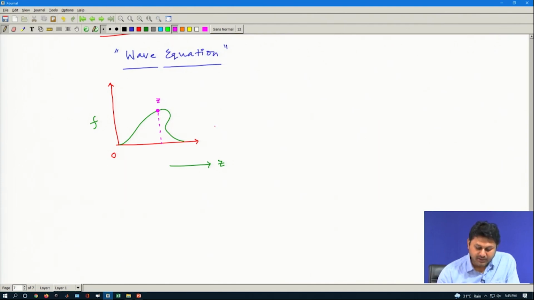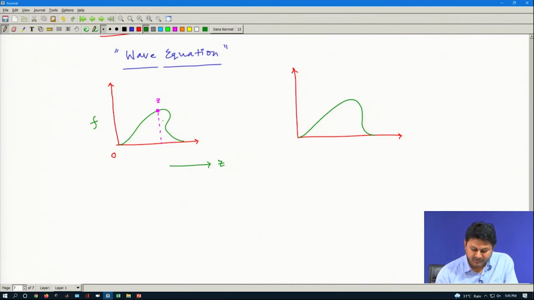Now, this wave is moving, and at some different time t it is located at this place. It is the same wave, moving from this point to this point, and I am concentrating on the point we marked here. Suppose this is a frame O prime that is also moving with the same velocity as the wave.